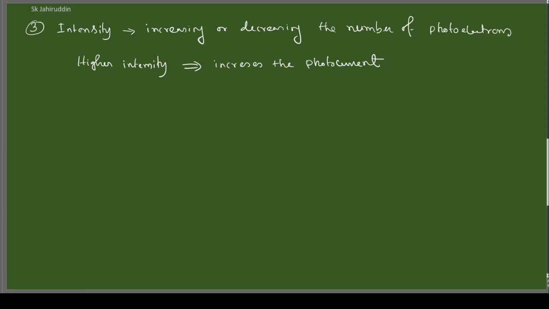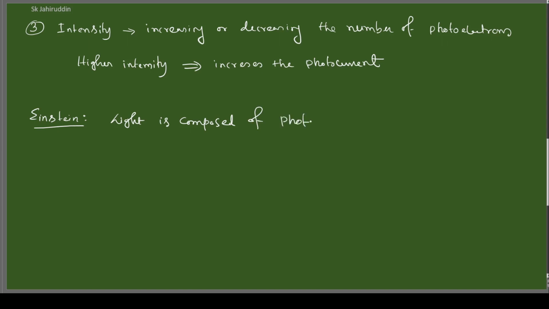Now I will focus on how Einstein explained it. What Einstein did was give a dramatic proposal: he told you light is composed of photons.